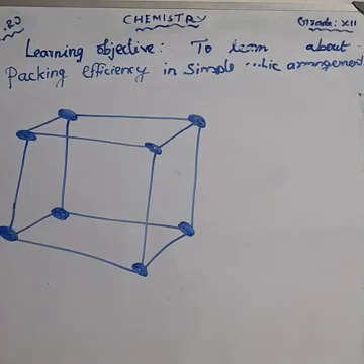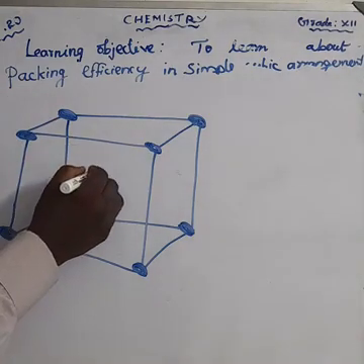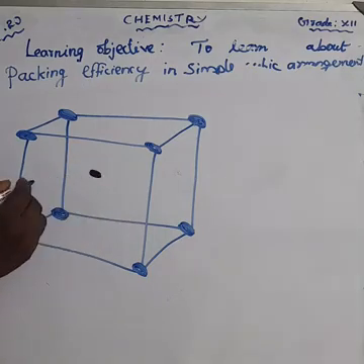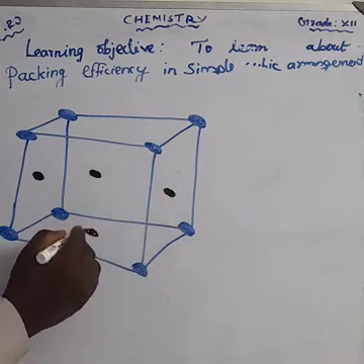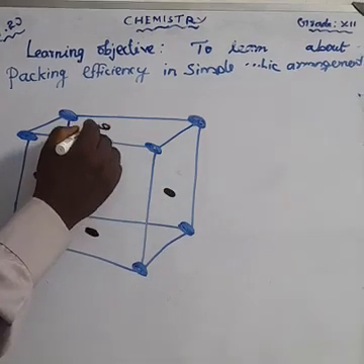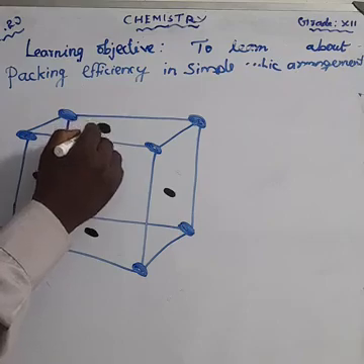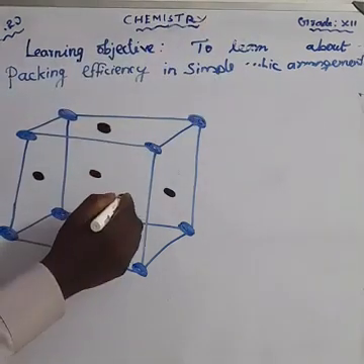Okay, here are 8 corners, and I told you that this cube has how many faces? 6 faces. Face 1, face 2, face 3, face 4, face 5, and the back side, face 6.